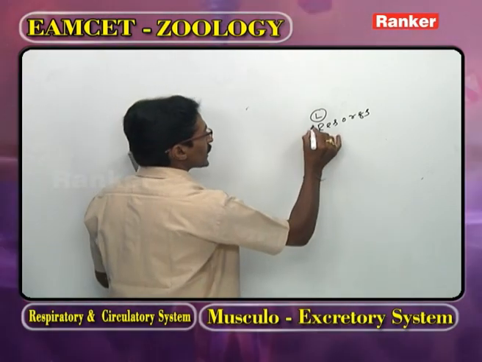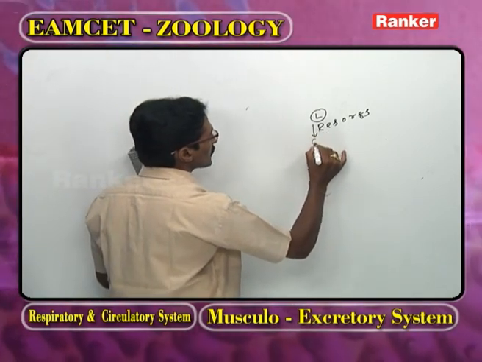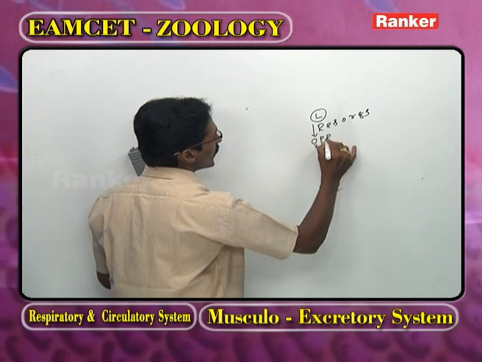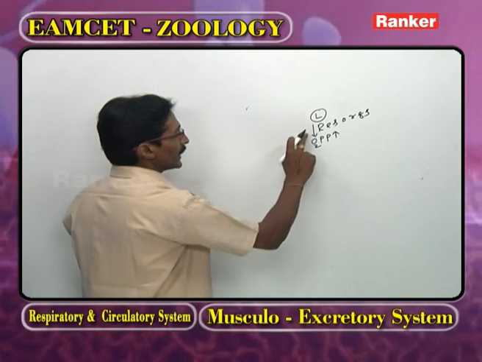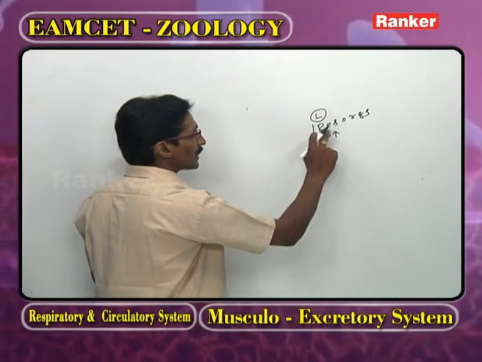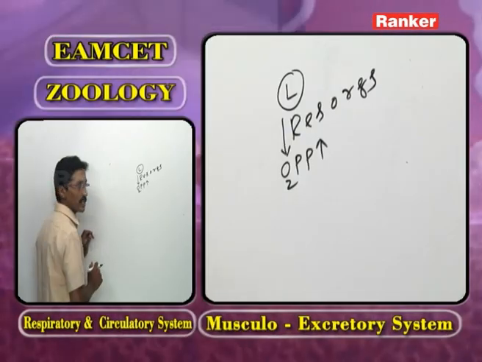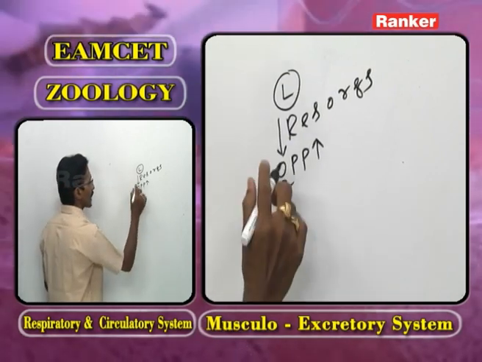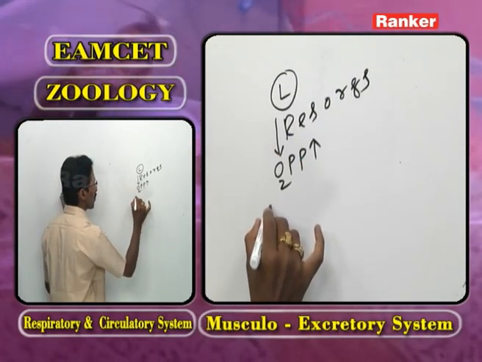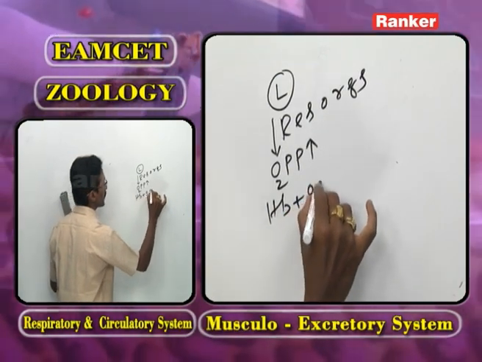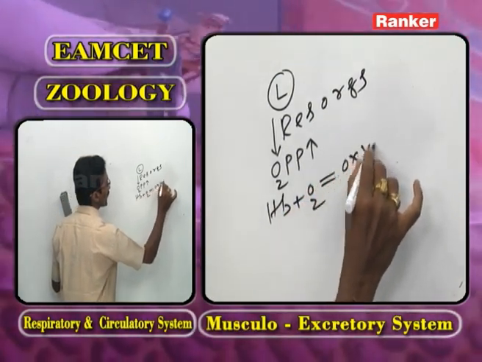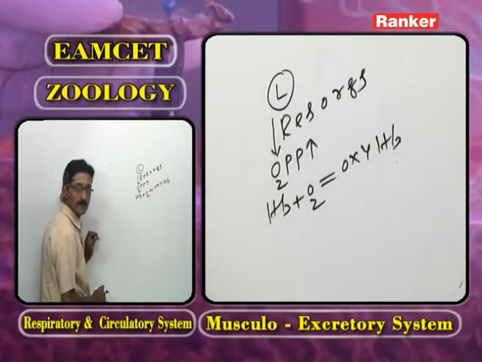At respiratory organs, the oxygen partial pressure is more. PP means partial pressure. Whenever oxygen partial pressure is more, automatically the oxygen combines with hemoglobin, and we are getting the oxyhemoglobin.